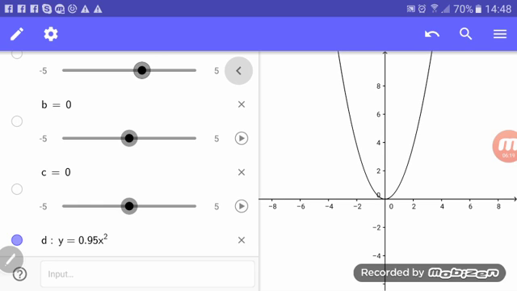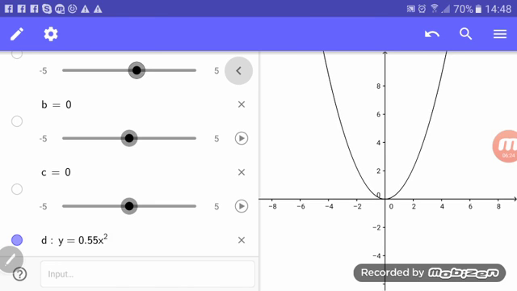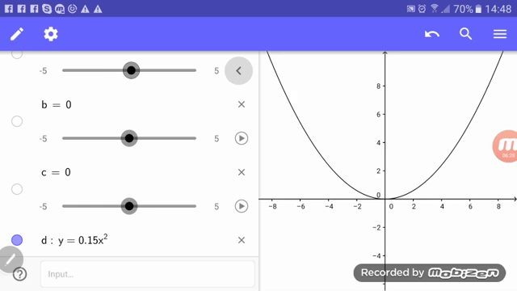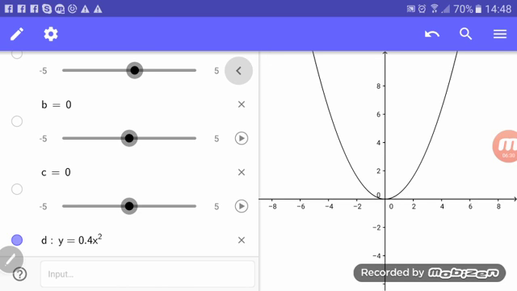So we're at 1. Getting closer to 0, closer and closer to 0. So as we get closer and closer to 0, our parabola becomes wider.